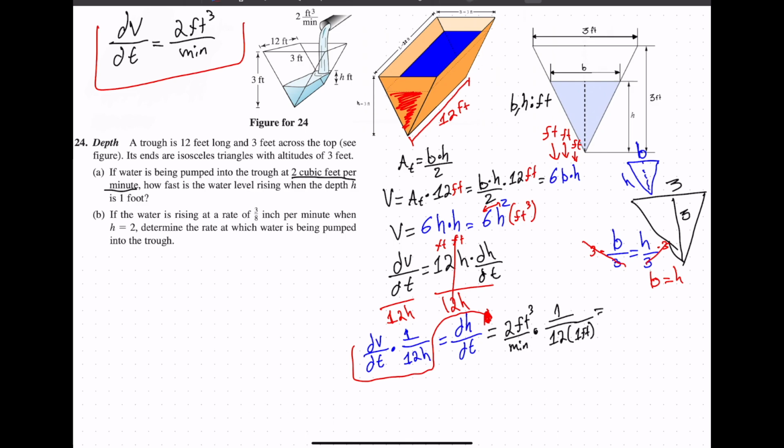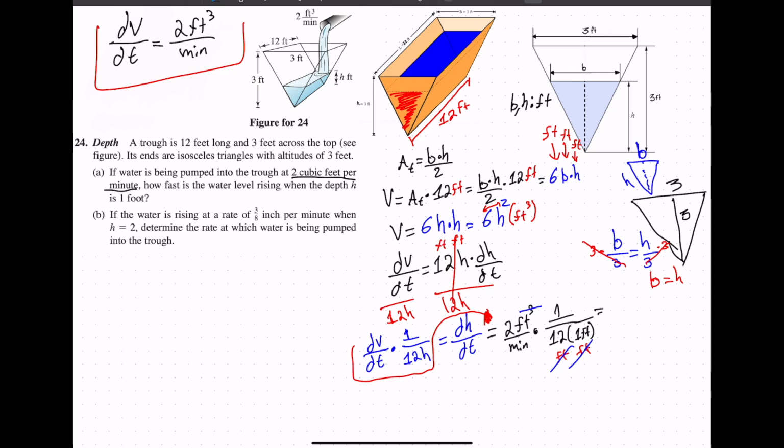Remember the 12 and the h have feet, right? So 12 has feet and 1 foot. So therefore, when we eliminate the actual units, this is 1 and 2, so it eliminates 2 and you end up with feet. That's what we're looking for.